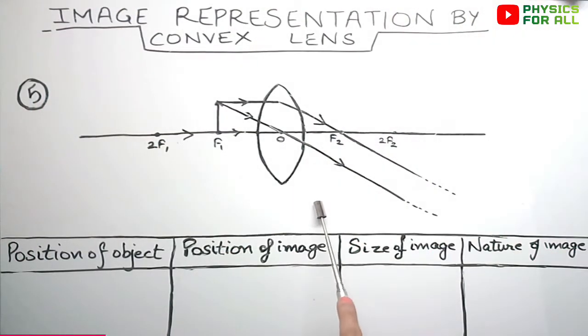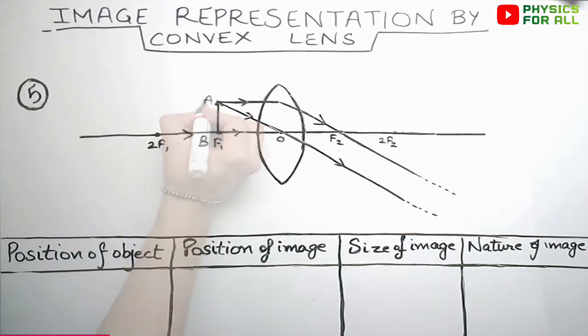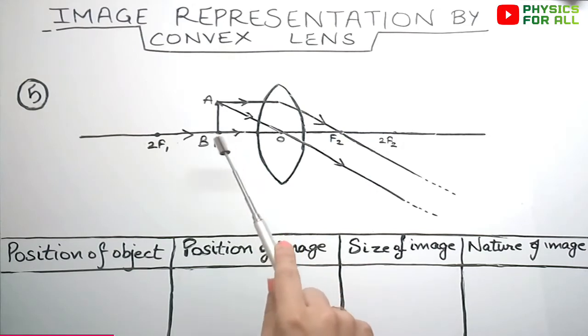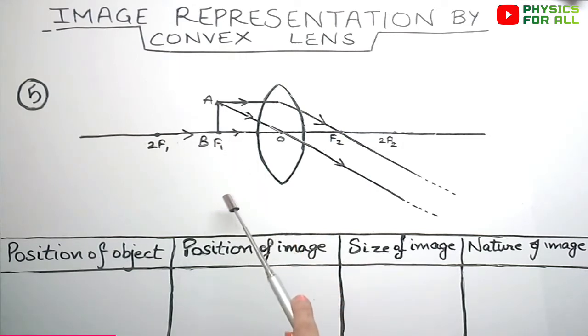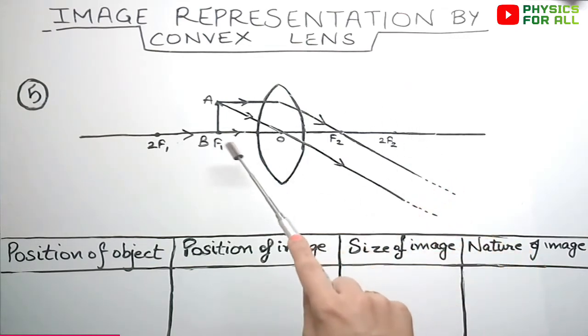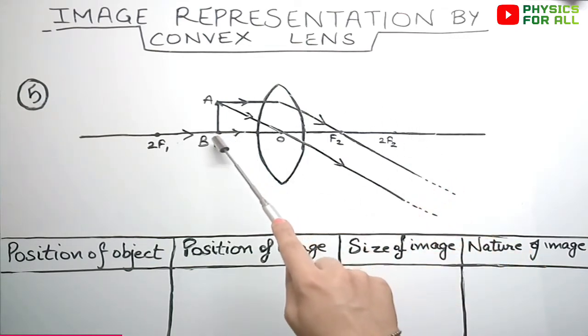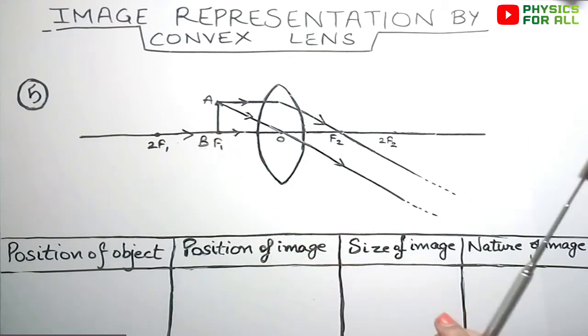Now in our 5th case, we have our object AB placed at the focus. So again you can relate this case to the 5th case that we had in case of concave mirror, and if in that case object is placed at focus, the image is always formed at infinity.